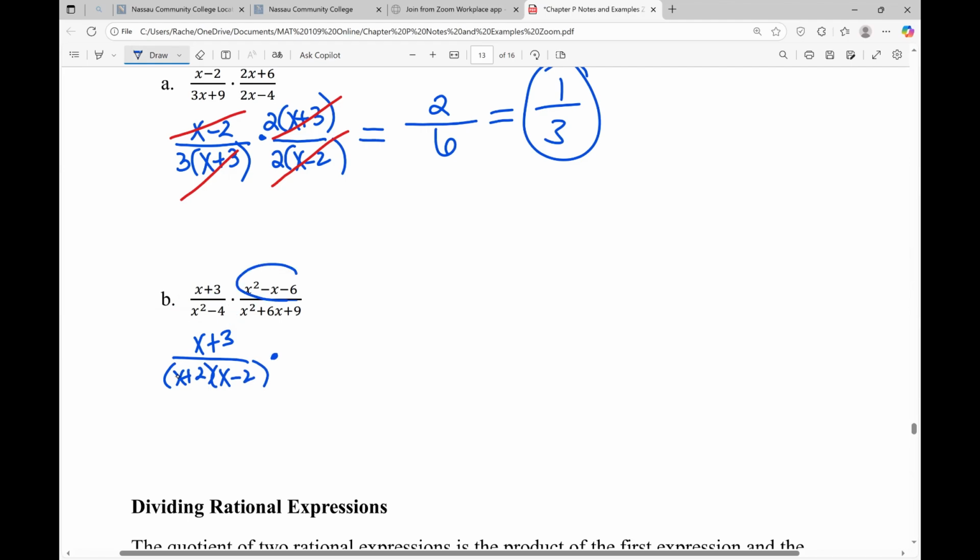Then my other numerator, x squared minus x minus 6, I'm going to think, okay, what 2 numbers can I multiply to get -6 but add to -1, the middle term, right? It's not going to be a -3 and a 2.